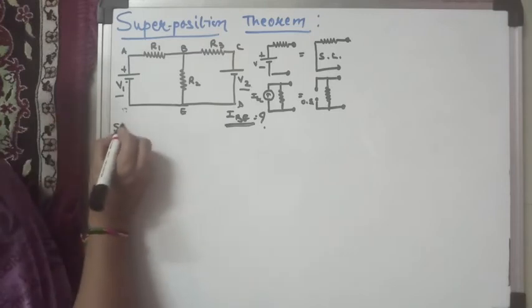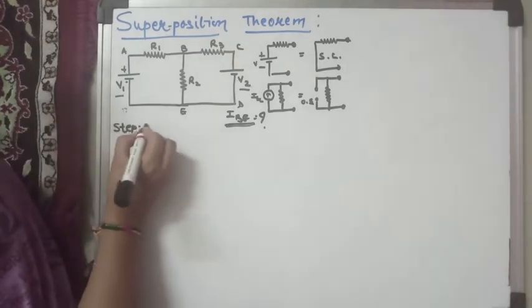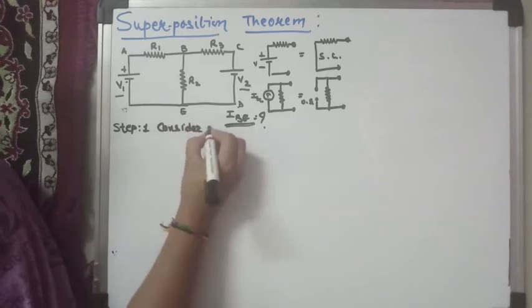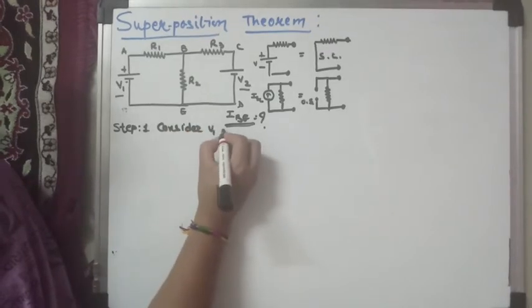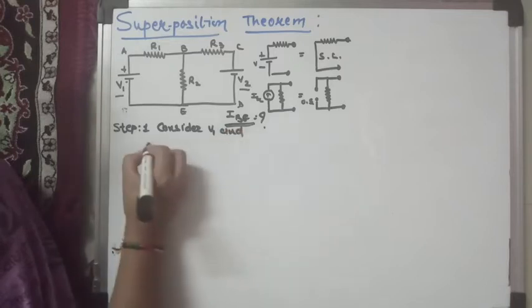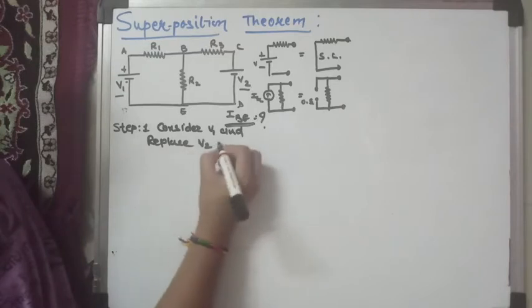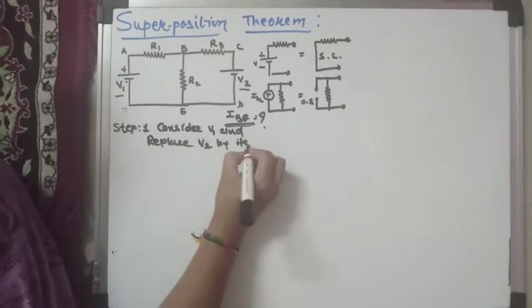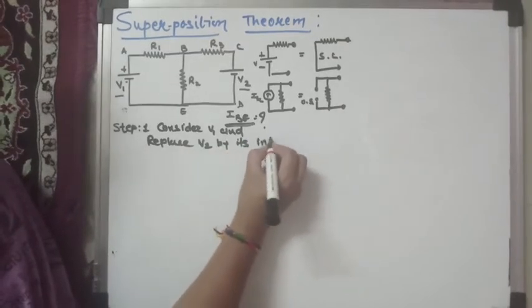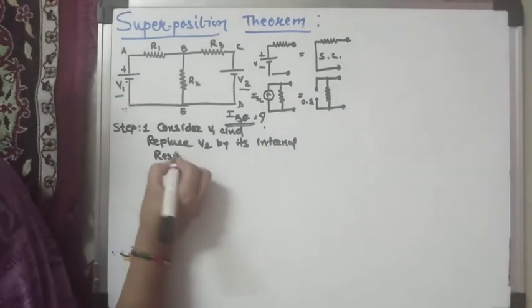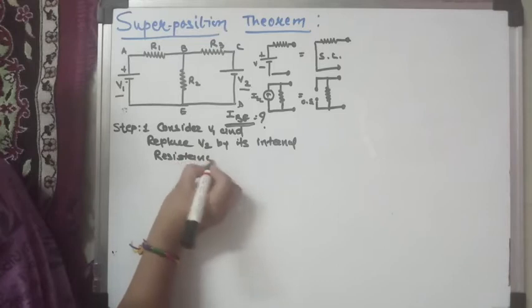In step number 1, consider V1 and replace V2 by its internal resistance.